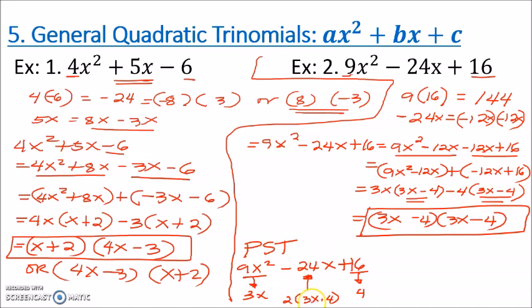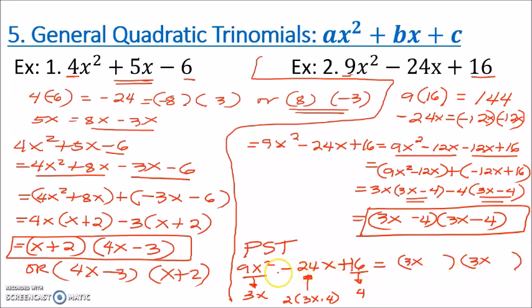Sige, so we have 3x times 4 is 12x times 2, that's 24x. Okay? And so, we can consider this as PST. Paano yan? So, lagay lang natin yung square root ng first term, that's 3x.